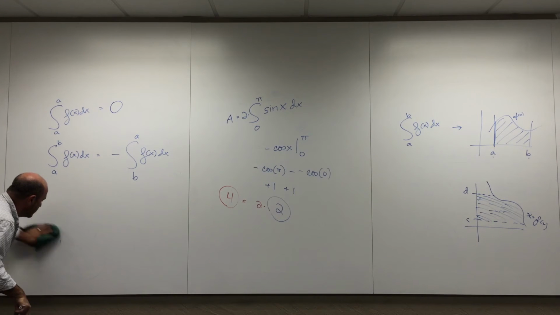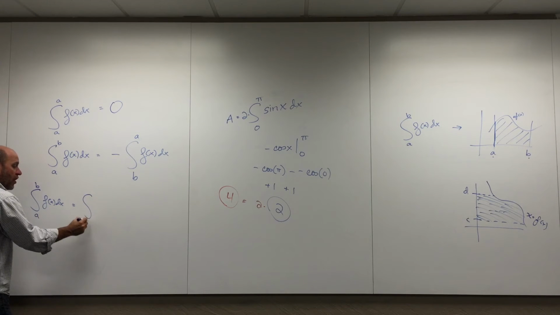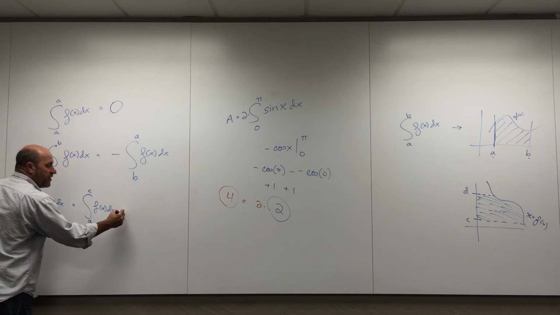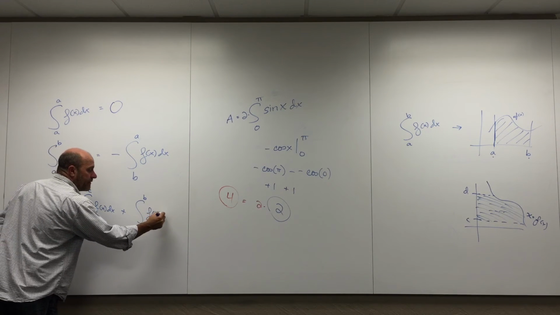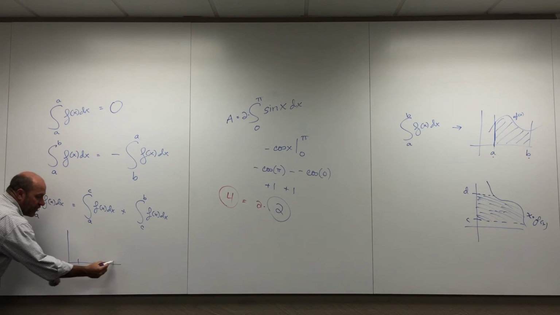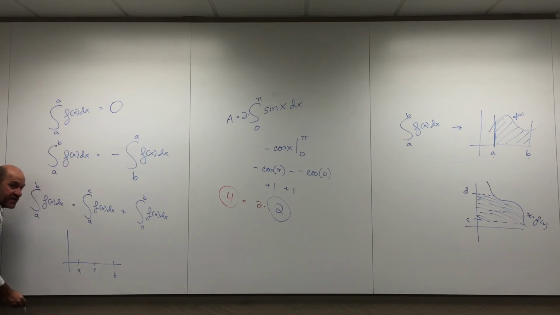Here's another one. Watch this. If you're trying to integrate from A to B of a function, and C lives in between there, you know what you could do? You could go from A to C plus from C to B. Now, I know I'm being a little abstract. Let me show you a picture here. You're trying to integrate from A to B, but there's a number C that lives somewhere in between.